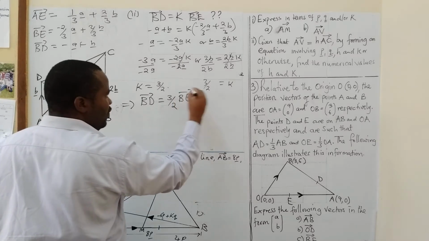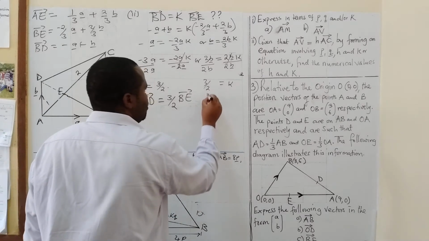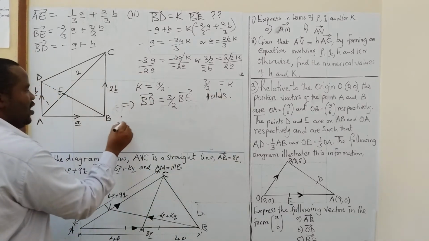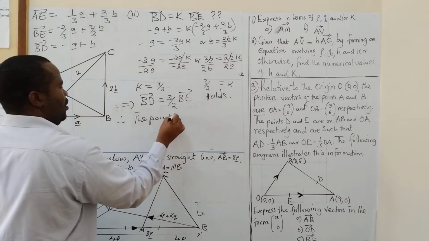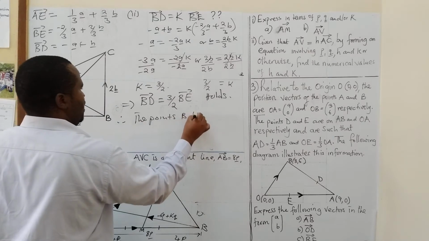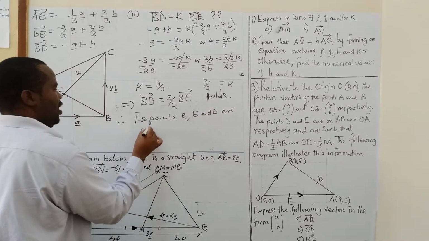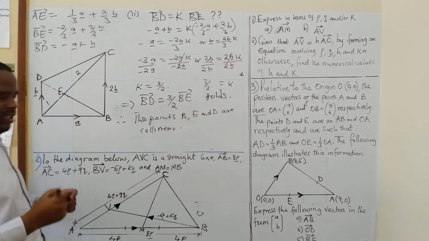You can even verify this. This holds. This is true, isn't it? Therefore, the points B, E, and D are collinear. Collinearity means they lie on the same straight line.